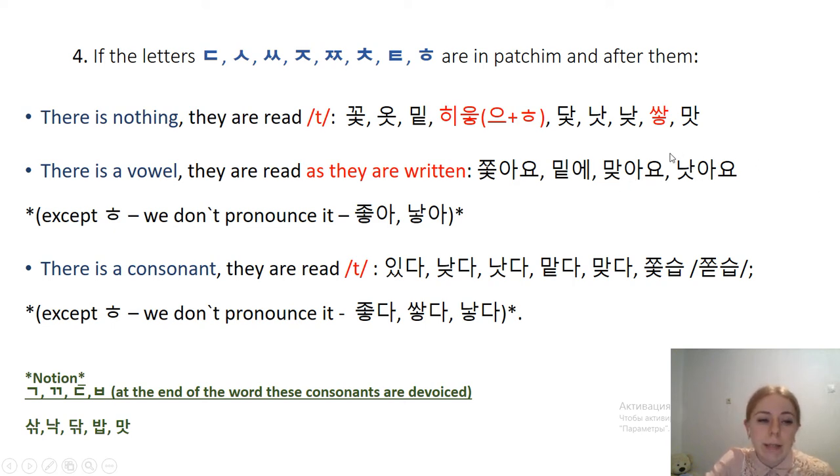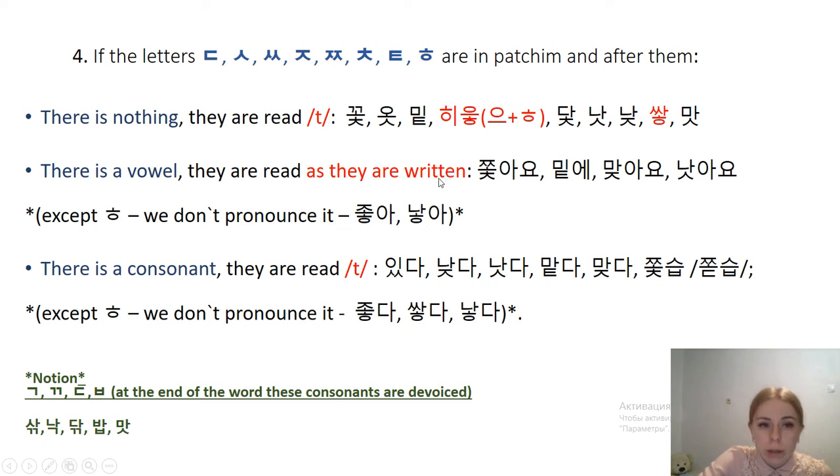But there is one exception. This exception is the h sound. If we see h, it doesn't matter for us whether it's a vowel after that or whether it's the end of the syllable. In all the cases we don't pronounce it. So here we can read it like 좋아, or 나 without h, 나아.